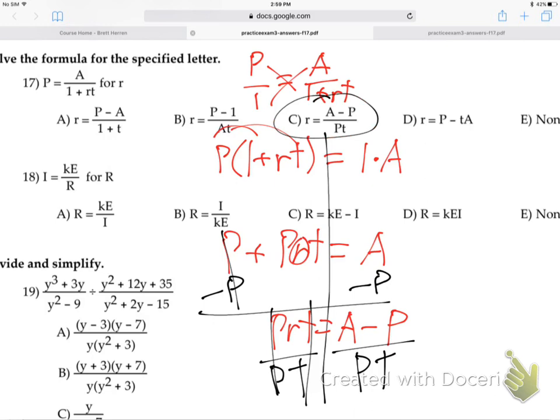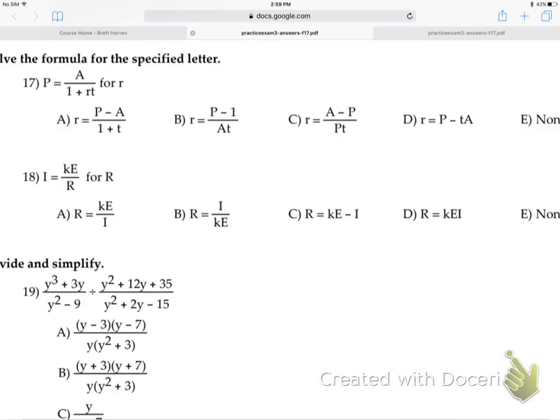We good? 18 is going to be the same. It's going to be a little easier. Got that one copied down. If you got that down, I'll go to a fresh one. All right. 18.